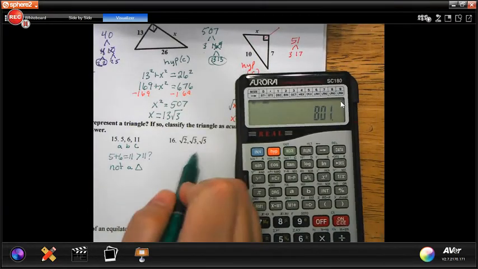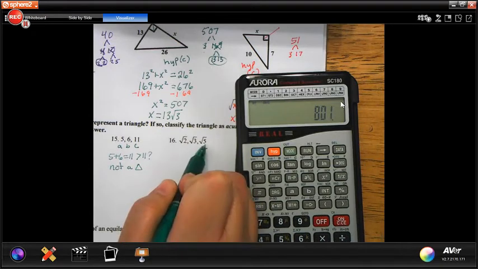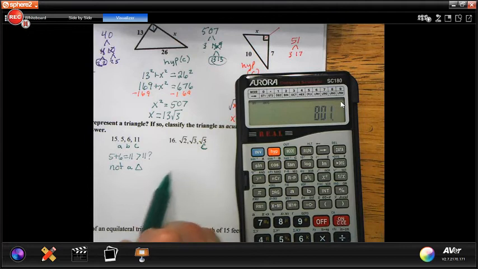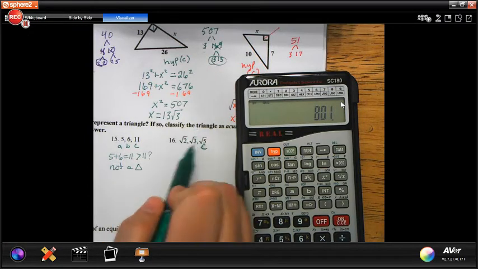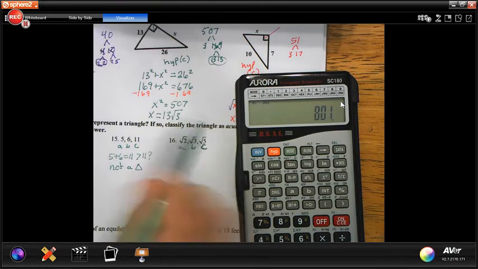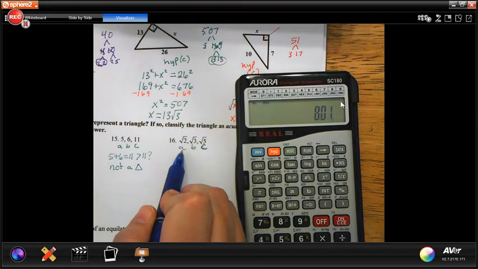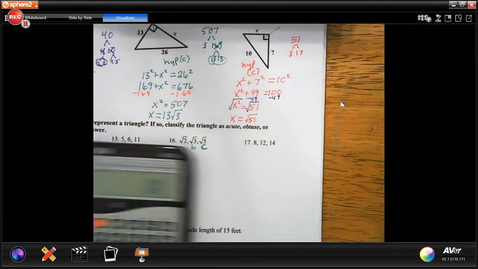Okay. Since 5 is bigger, it's just the radicals. If there was a number in front, that might change things, but it's just the number in the radical, so I know that 5 is bigger. So these are A and B. Let me switch colors here. So, we could just check this with the calculator.